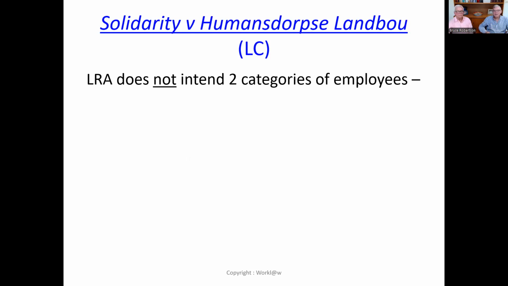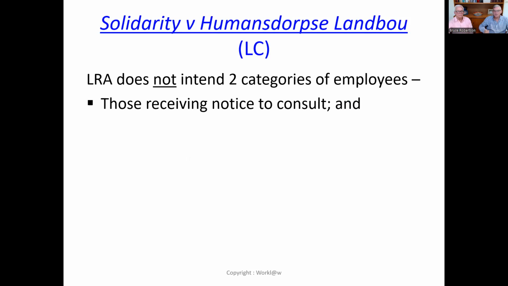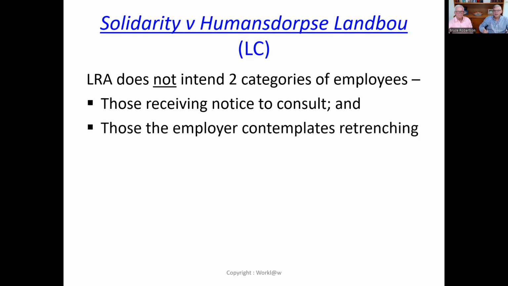So the Labour Relations Act does not intend two categories of employees: those receiving a notice to consult and those the employer contemplates retrenching. We think that actually there's many instances where the employer is able in that consultation process to delay the retrenchments, to offer jobs at a lower wage, the kind of things we've talked about already in this workshop. And so we think that this was quite legalistic, that you have to know exactly in advance who will be retrenched, and only those people get the notice.